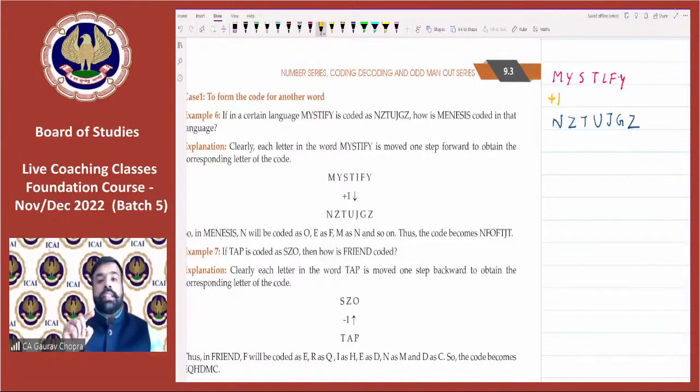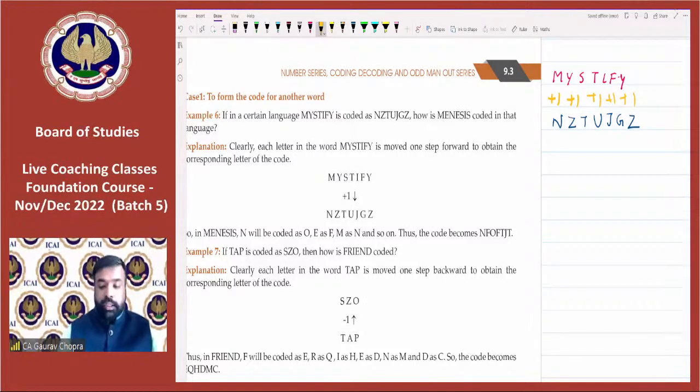M is 13th position, plus 1, that is 14th position, is N. Similarly, Y is on 25, plus 1 becomes 26, that is Z. S and T, T and U, I and J, F and G, Y and Z. That means in all the letters, we are simply adding 1.